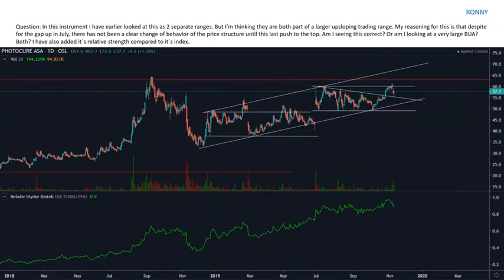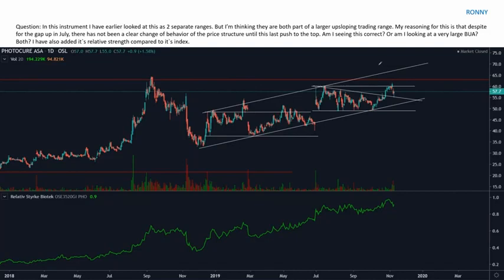Ronnie is asking a question. In this instrument, I earlier looked at this as two separate ranges, but I'm thinking they are both part of the larger upsloping range. And that's why we're coming to this larger structure. It's easy to see the larger structure from a distance, rather than zooming into the last upthrust.